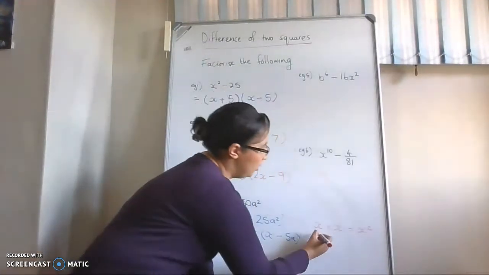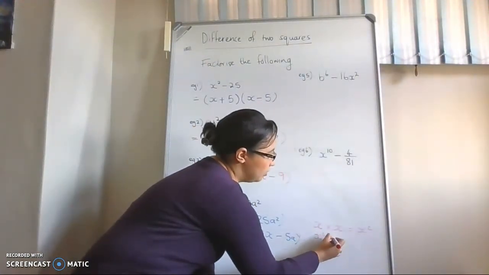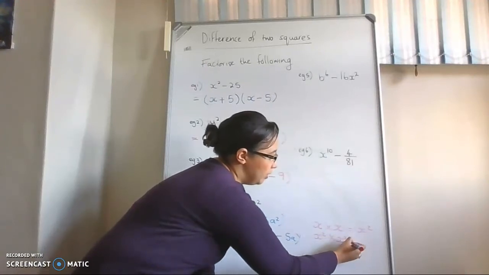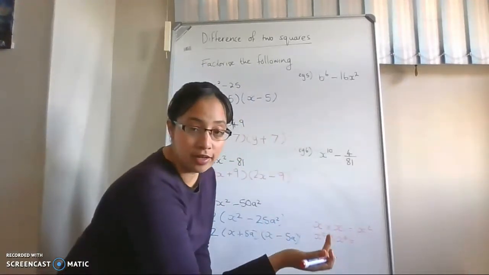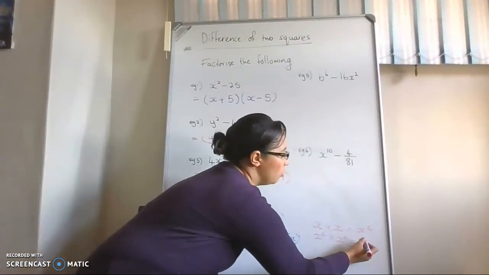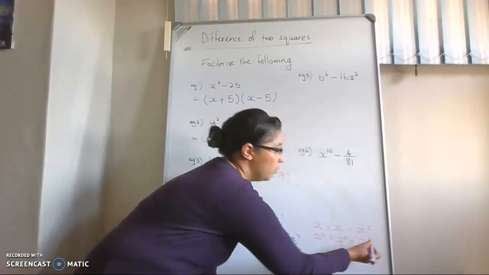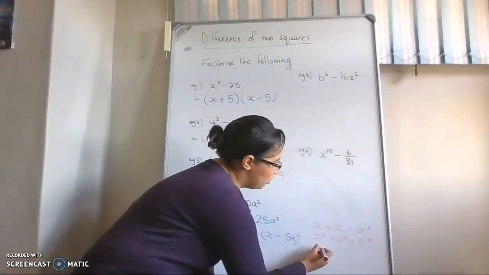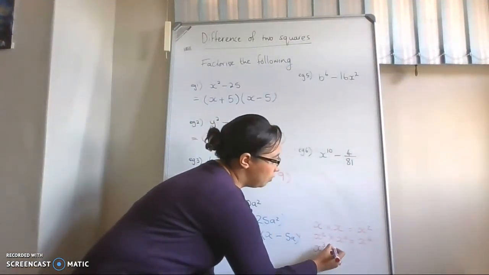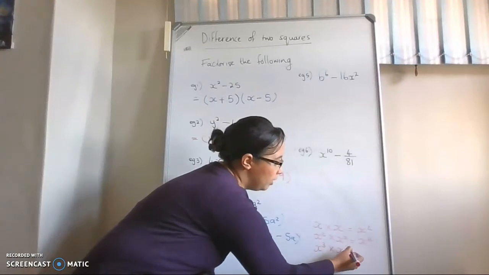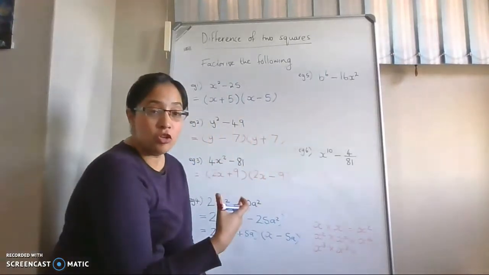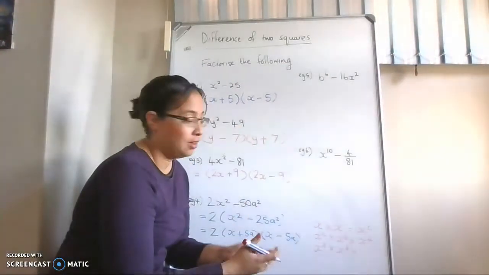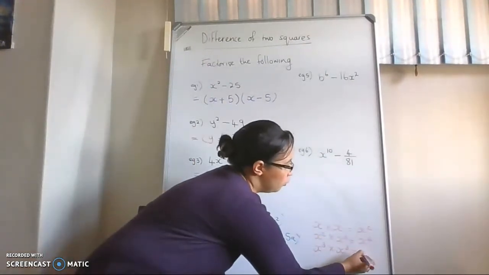If I have x squared multiplied by x squared, so that means x squared squared, then I have x to the power of 4.